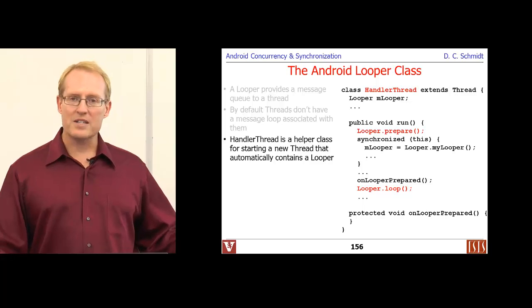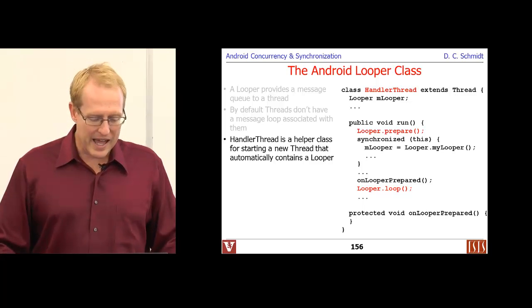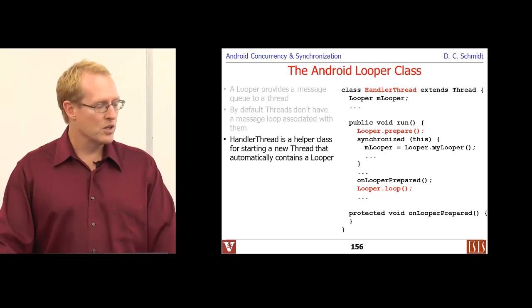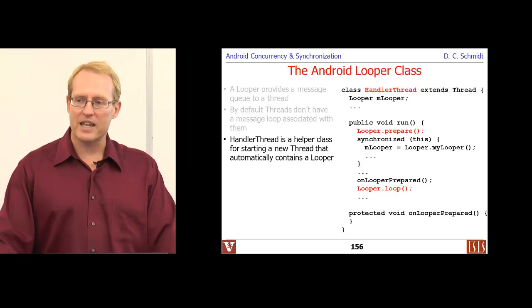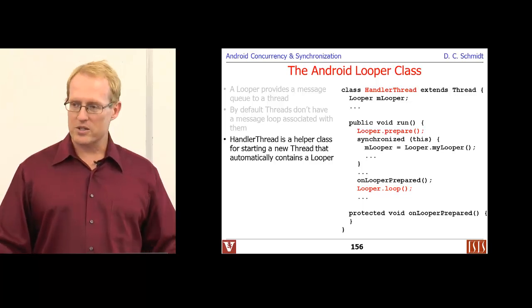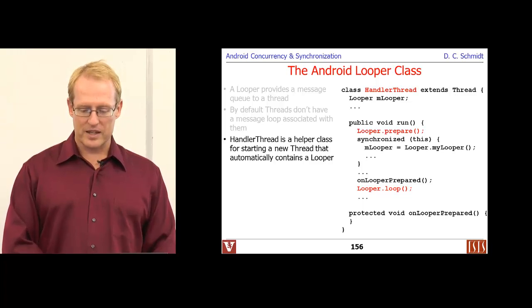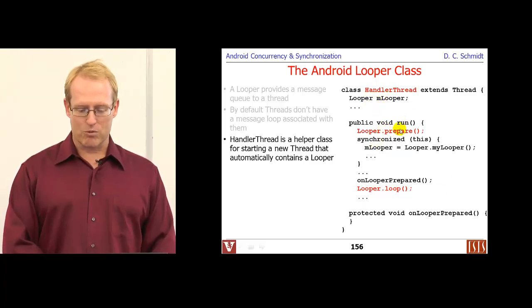There's a helper class called HandlerThread that's part of Android. And you can use this to create a thread that automatically has a looper as part of it, as its very nature. So here's an example of how this works. We have HandlerThread, as you can see here, that extends Thread. It defines a looper, and it has a run method that says Looper.prepare, does some magic.